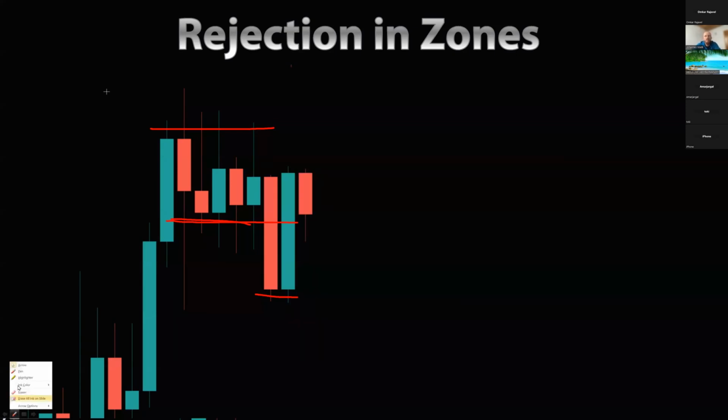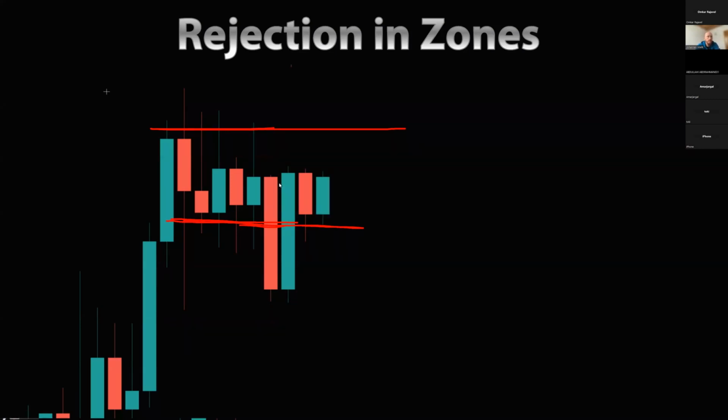Well, it looks like we're back in the same range. Yeah, we are ranging now. Oh wow, we're back in this range. So it's going to break somewhere big, I think. The more it ranges, the more we're going to get a good break.